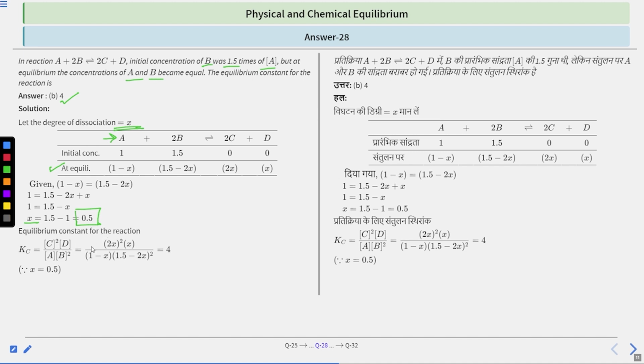Putting in the values at equilibrium, C is 2x, so 2x whole square, D is x, divided by 1 minus x for A and 1.5 minus 2x whole square for B. Putting x equal to 0.5, which we just calculated, and on solving, we have Kc is equal to 4 finally. So our correct option is option B, that is 4.